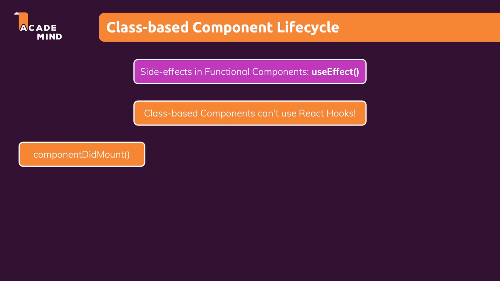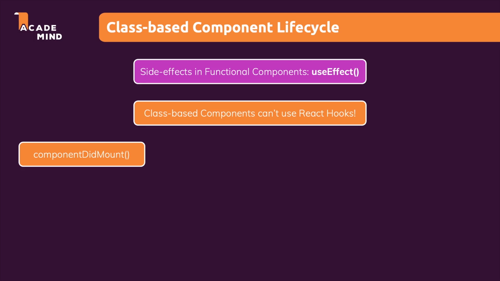Like render, that's a built-in method which you can use as soon as you extend the built-in Component which you import from React. And then you can add this method and React will call it for you when the component was just mounted, but more on that in a second.